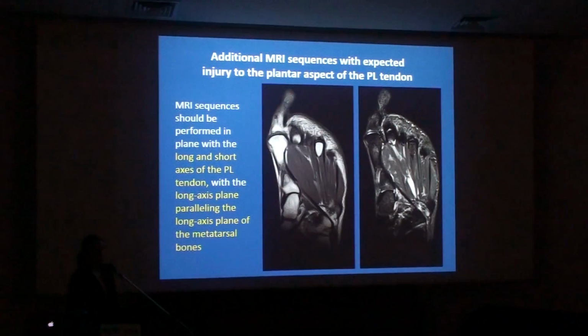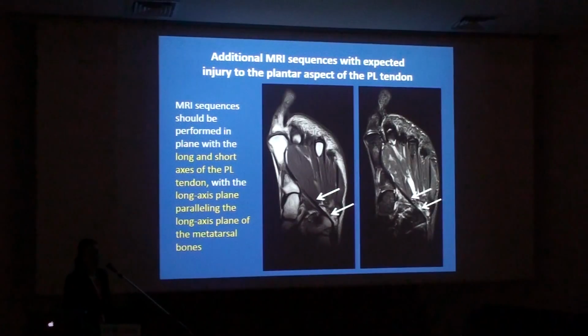If we wish to better examine the plantar aspect of the Peroneus longus tendon, then that is done a little bit differently, examining the foot in the long axis plane, paralleling the long axis of the metatarsal bones. You can see over here on the T1 and fluid-sensitive sequences a nice Peroneus longus tendon coursing through the peroneal groove.